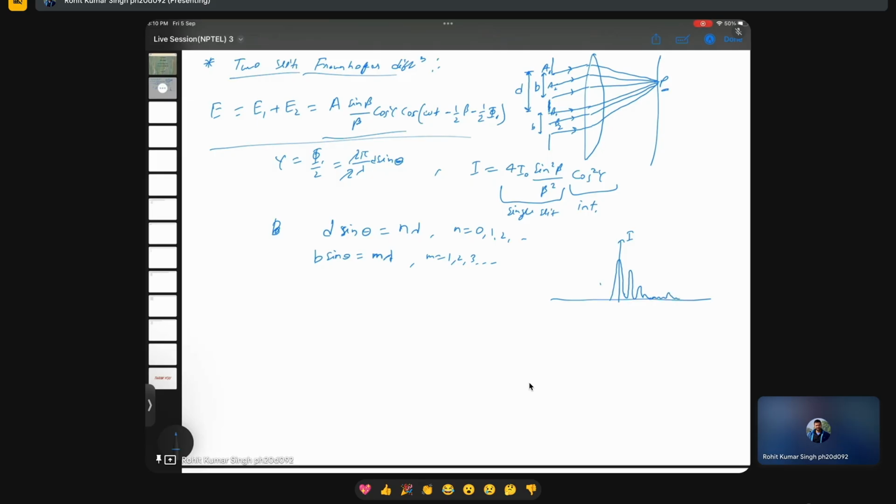Suppose this is your third order interference maxima, and simultaneously this equation is also satisfied for m equal to 3, then this will be missing in your spectrum. You will not observe this one.